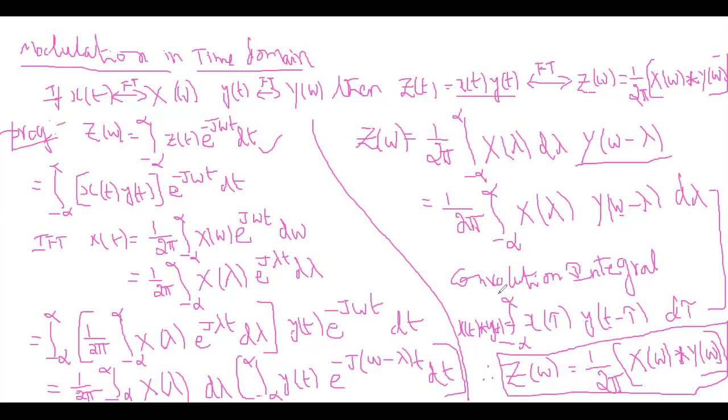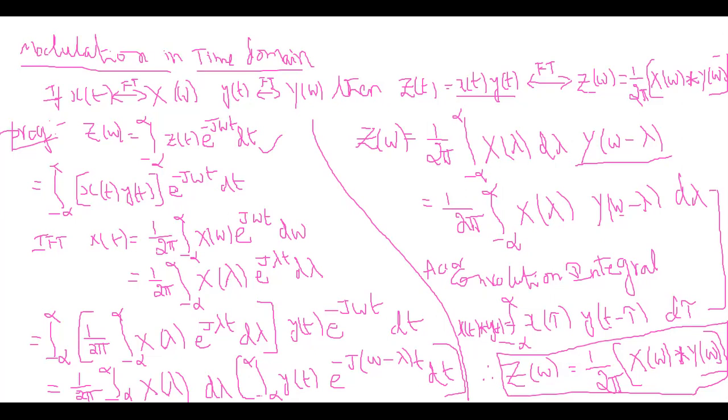According to the convolution integral, x of t convolved with y of t is equal to the integral from minus infinity to infinity of x of tau y of t minus tau d tau. Therefore, comparing these two equations, tau is lambda and t is omega, so z of omega is x of omega convolved with y of omega.